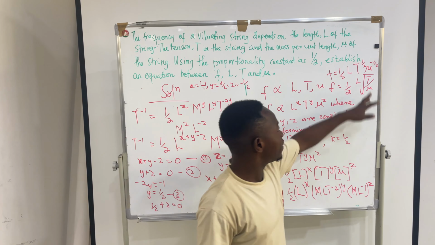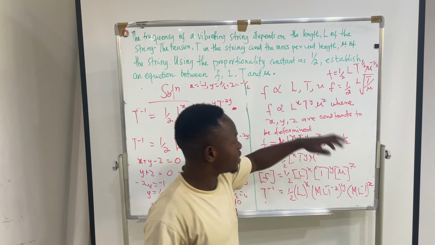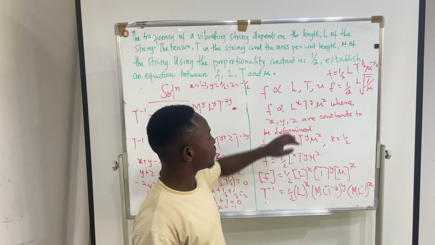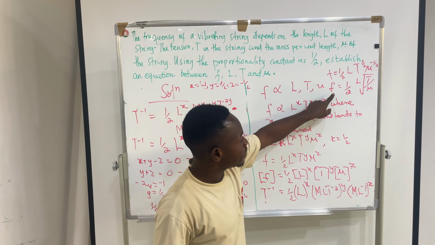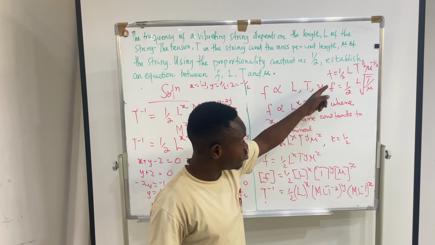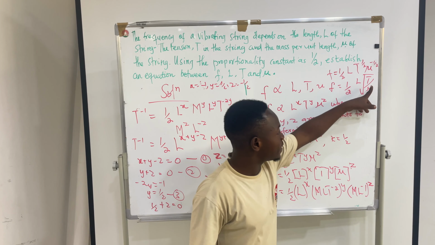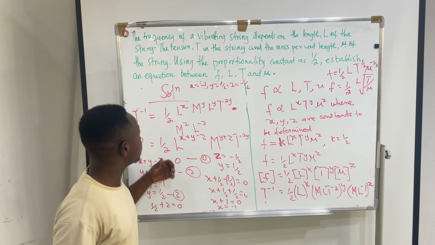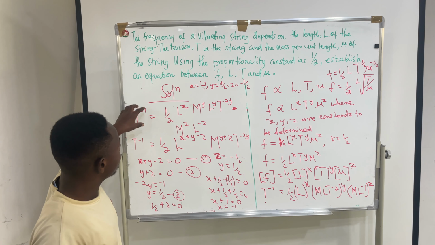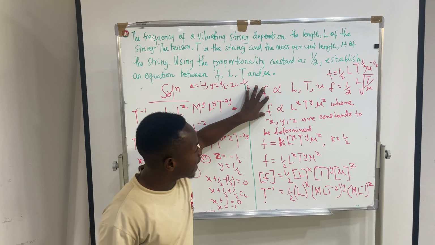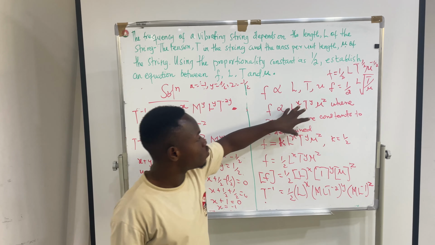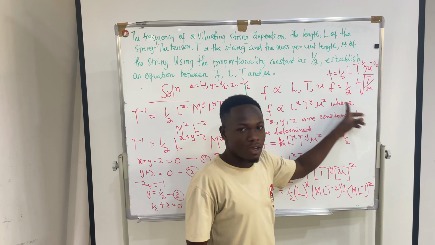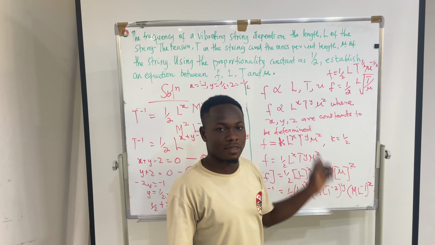Because I was able to find the constants x, y, z, I've been able to correctly define the relationship between the frequency of the vibratory string and the length, tension, and mu. This is how they relate. And so dimensional analysis has been able to take me from just knowing that a relationship exists between them, to actually finding what the relationship is.